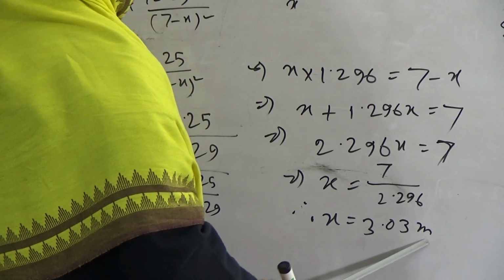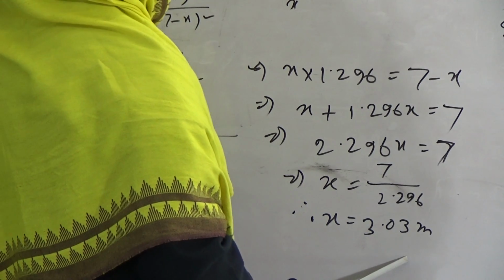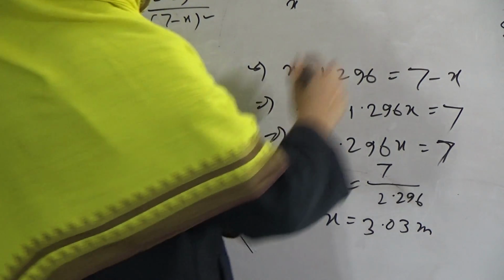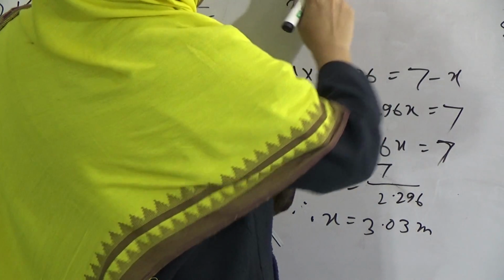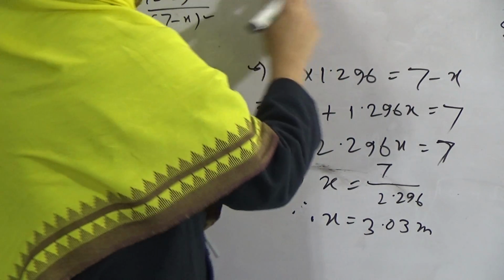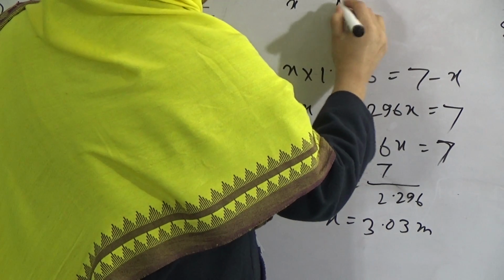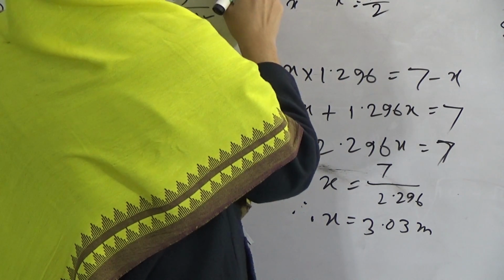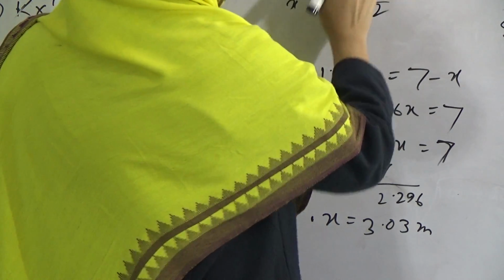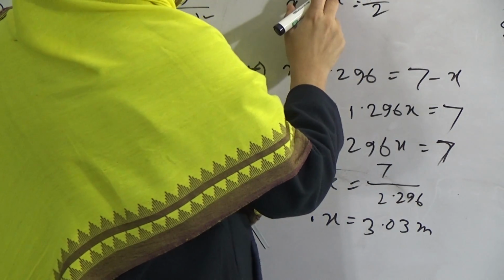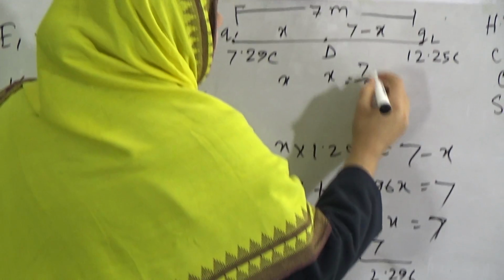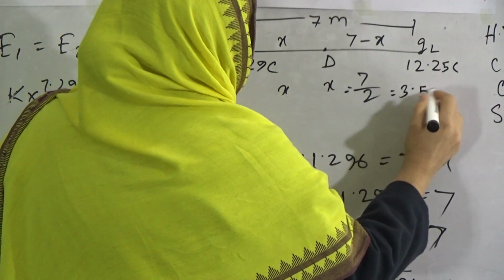And my dear students, now see that x is 3.03 meters. If D were the middle point, then the value of x would be 7 divided by 2, because the distance between the charges Q1 and Q2 is 7 meters. So if D were the middle point, it would be 7 divided by 2, that means 3.5 meters.